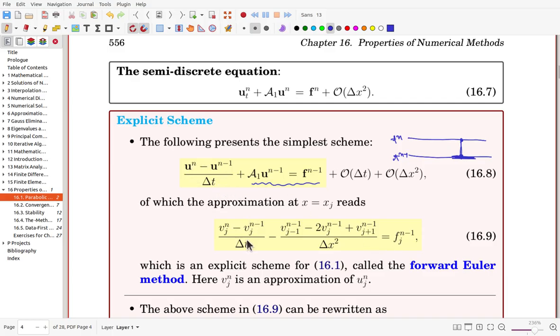We write this one down pointwise, and here is the component. This is the forward Euler, because our main time level is t_{n-1}.